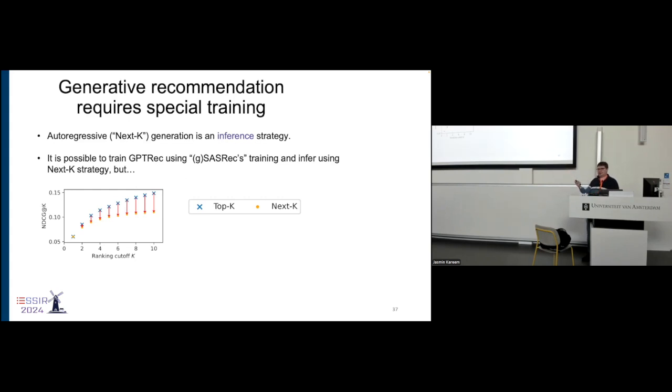If we didn't do anything special for training, it might contain an error, so it might diverge. The more recommendations we produce, the poorer the quality becomes. We go down the list because the error accumulates.